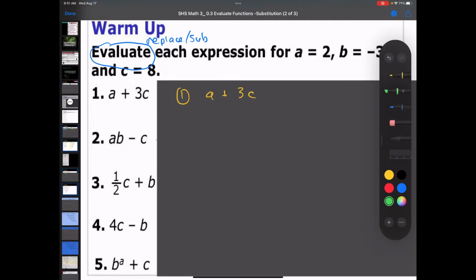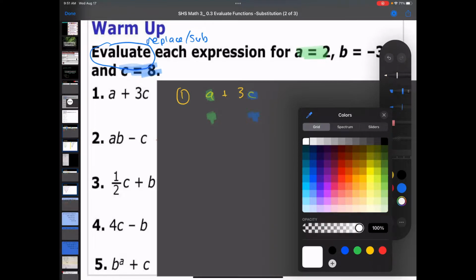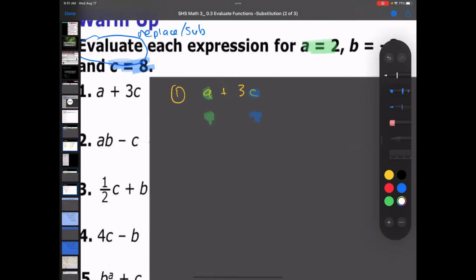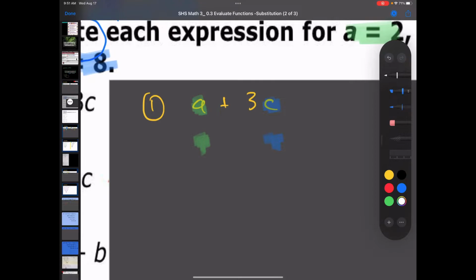So every a value is 2. So every a value, I'm going to replace it with a 2. And every c value is 8. So we're going to write every c value to be 8. Let's write that. A values are 2.